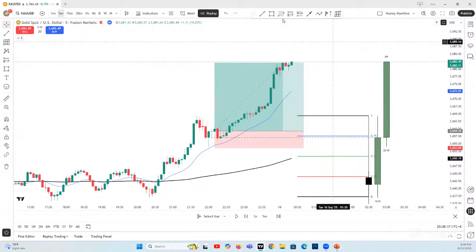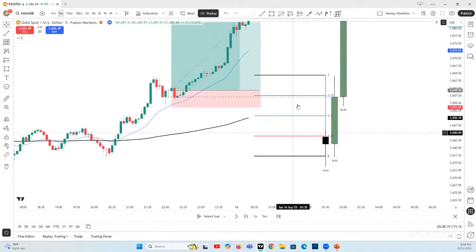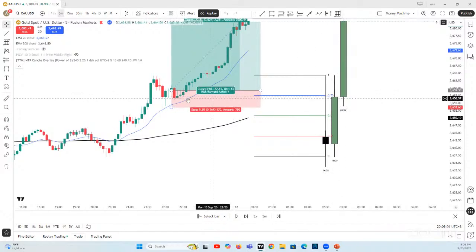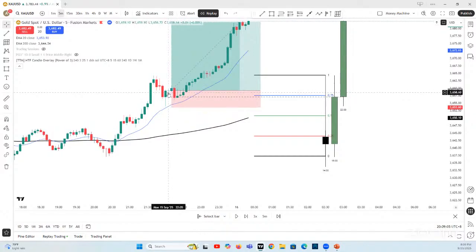You just need the gun box, and this indicator here, which is called the TTM HTF candle overlay. Once it hits the start of the 4-hour candle at 10 o'clock, exactly there, I told you a candle will appear there, and then the 4-hour candle will start to appear here. And then you just wait for that confirmation candle.